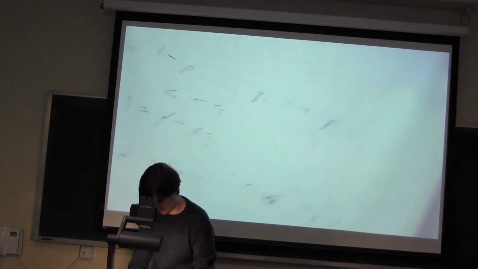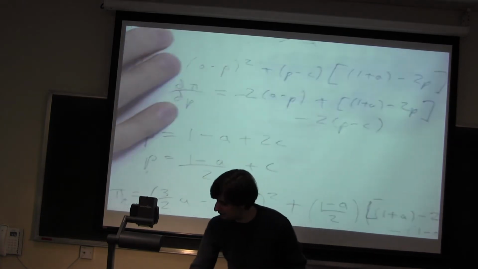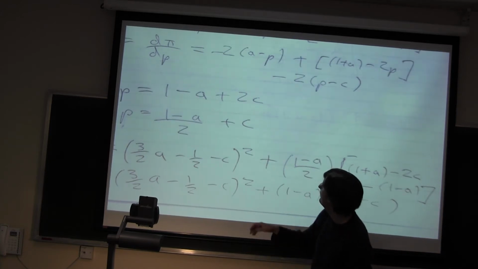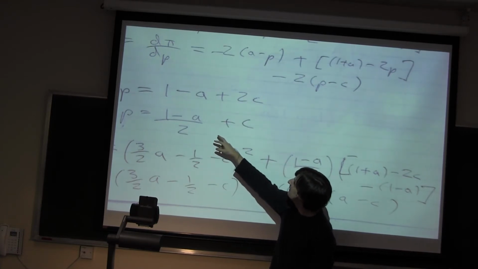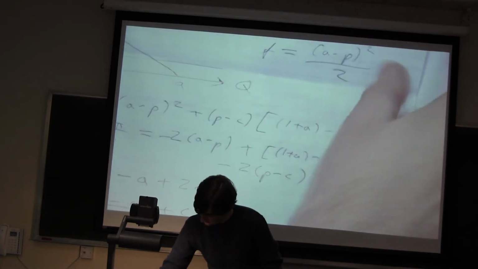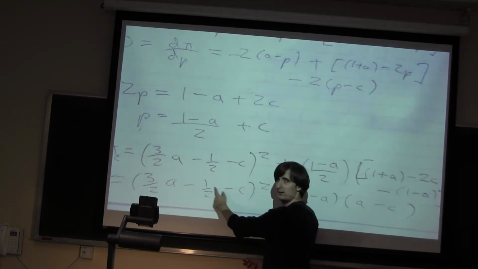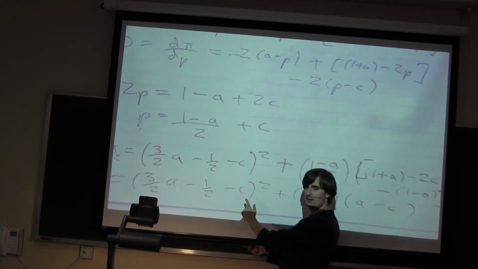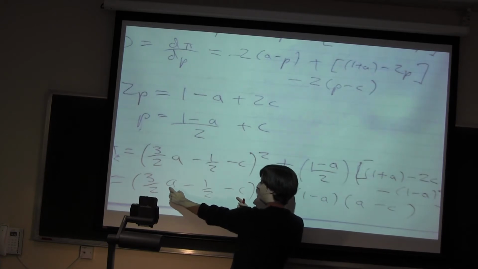Let's get back to our solution. So if A is equal to C, look at F. If A is equal to C, then this is half A minus half C. A is equal to C, so this is half A minus a half.